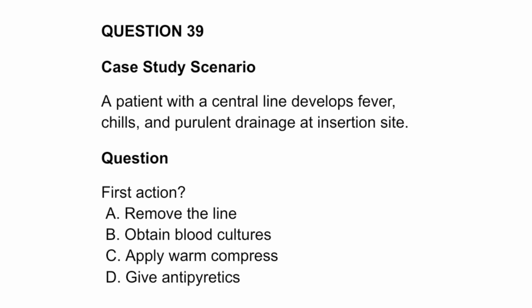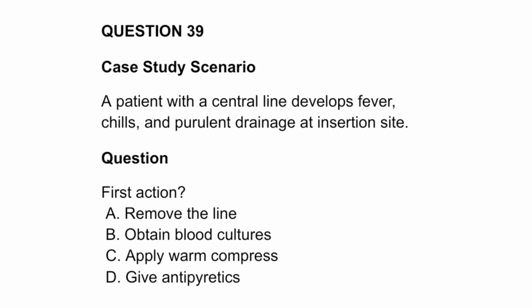Question 39. Case study scenario. A patient with a central line develops fever, chills, and purulent drainage at insertion site. Question: first action. A. Remove the line. B. Obtain blood cultures.